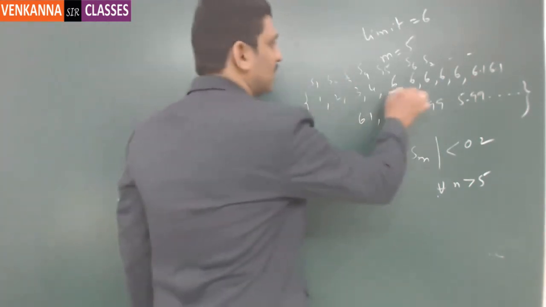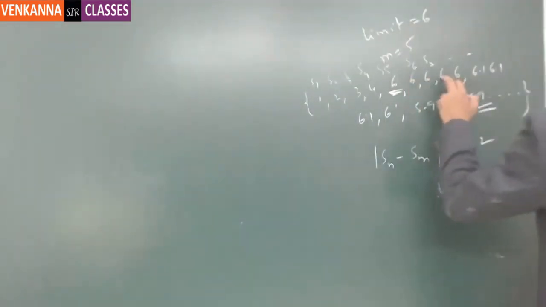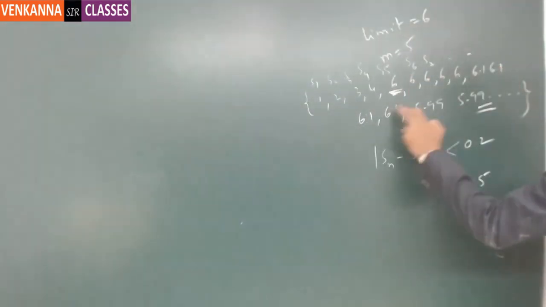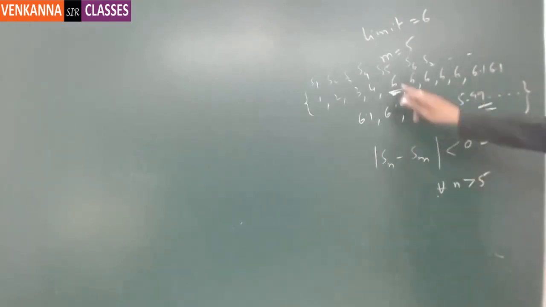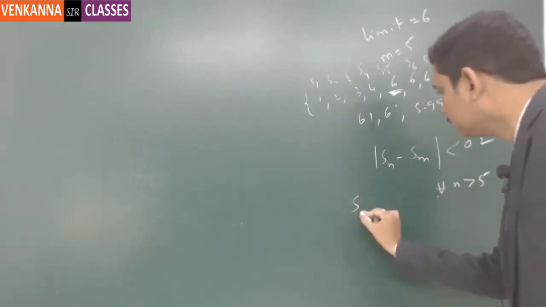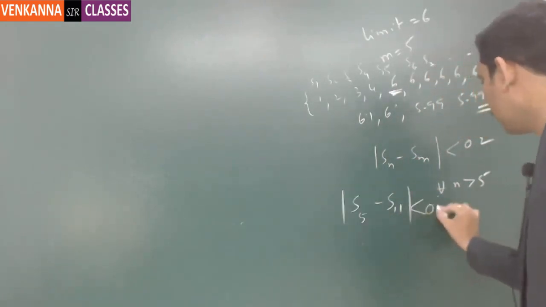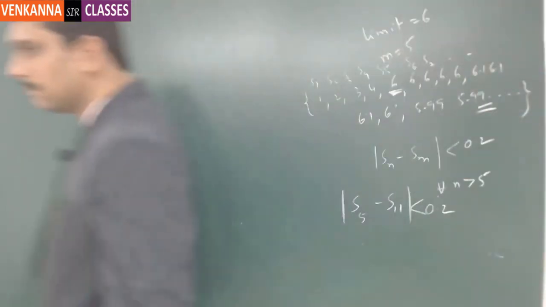Suppose you take this term and this term: 1, 2, 3, 4, 5, 6, 7, 8, 9, 10, 11. So this is term number 6, term number 5, this is term number 11. This is less than 0.2. Accepted?